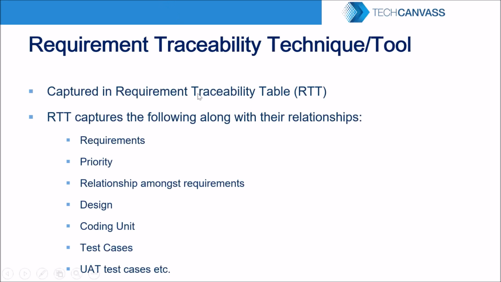It is not maintained. So what does a typical RTT capture? It has a requirements listing, a priority for each requirement, relationships amongst requirements, the design element which maps to the requirement, coding units, test cases, and UAT test cases. So it's a complete blueprint of your entire system with fully qualified relationships amongst the requirements.